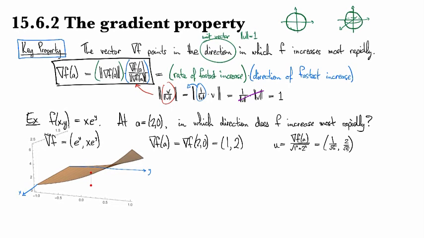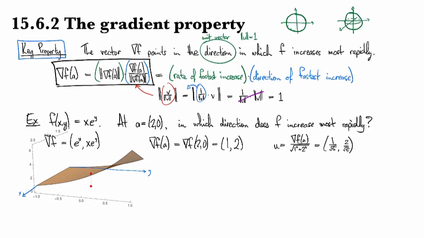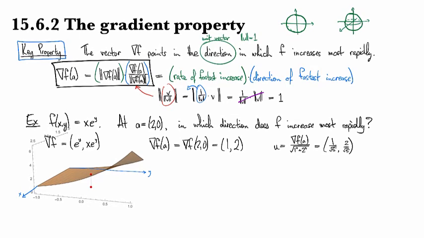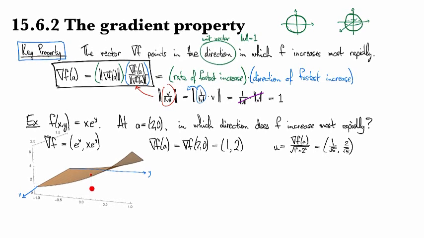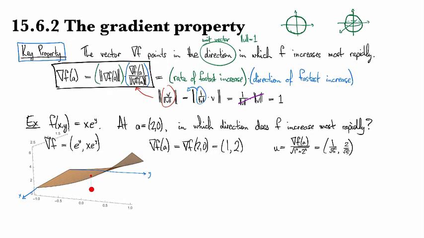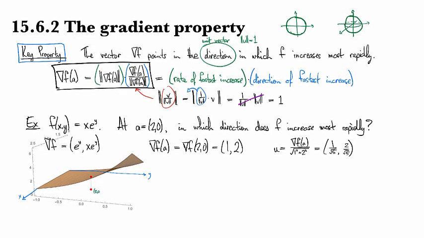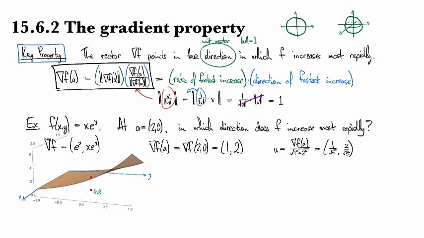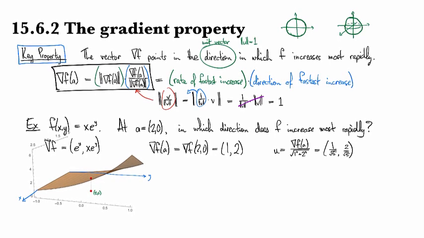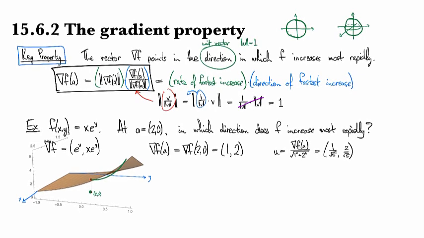All right, so now if we go back to our figure, I've highlighted here the location (2, 0). Maybe I should label it. And so you can see that from this starting location, we want to make the value of f increase as rapidly as possible.